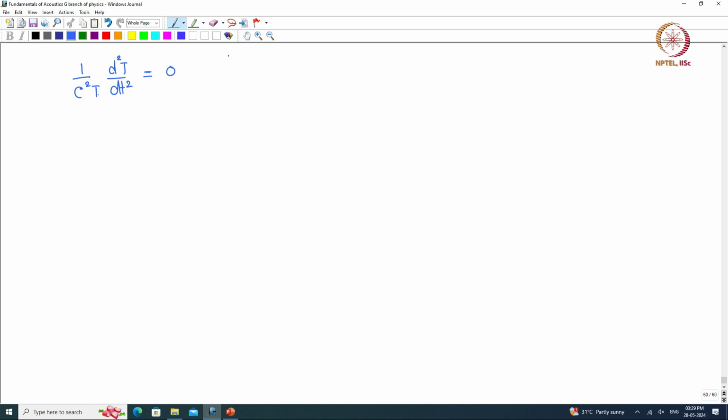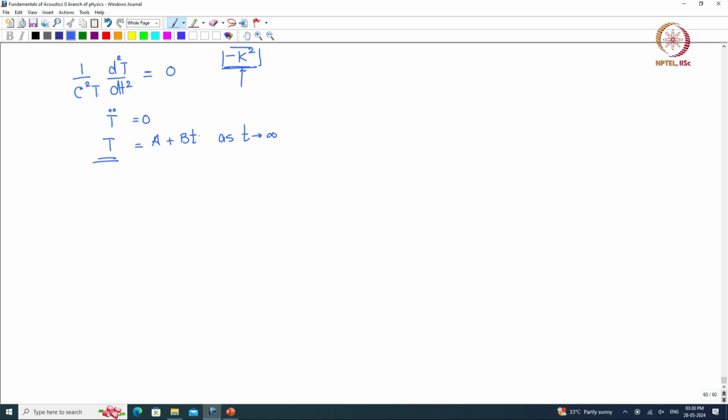So what we'll get is that t double dot is 0, so that my t is going to be a plus bt. What happens now, as t tends to infinity, t starts to blow up. So this is not physically admissible. So the 0 value for k is not admissible.